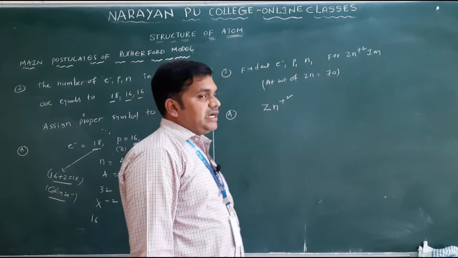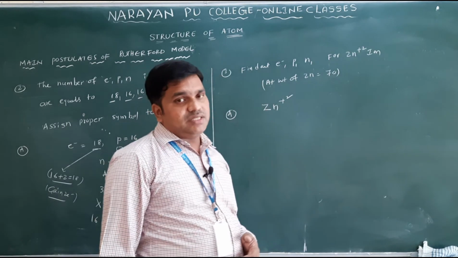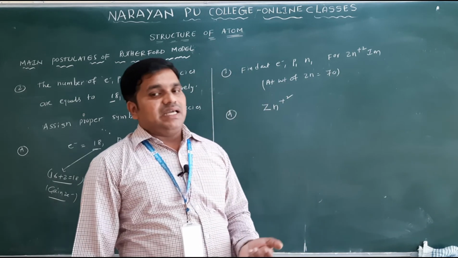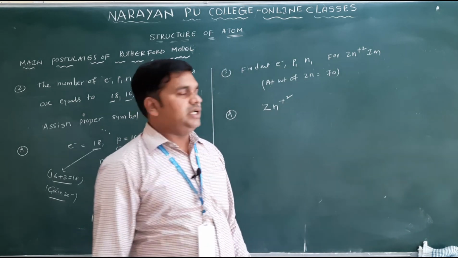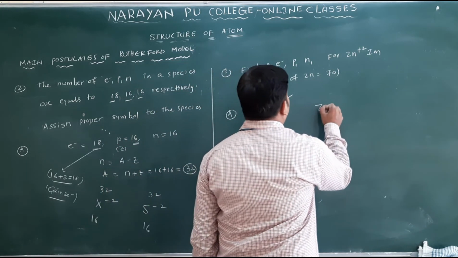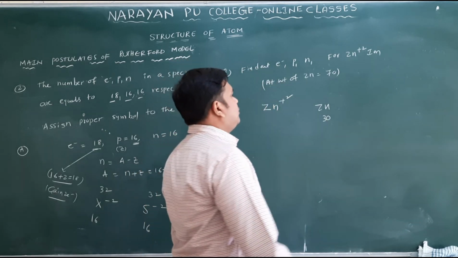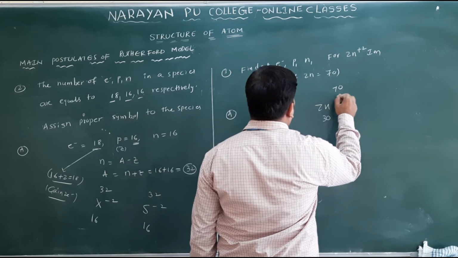So generally what is the atomic number of zinc? Scandium, titanium, vanadium, chromium, manganese, iron, cobalt, nickel, copper, and then what you get is zinc. So zinc's atomic number is 30. Here zinc mass is given as 70, and the charge is plus 2.